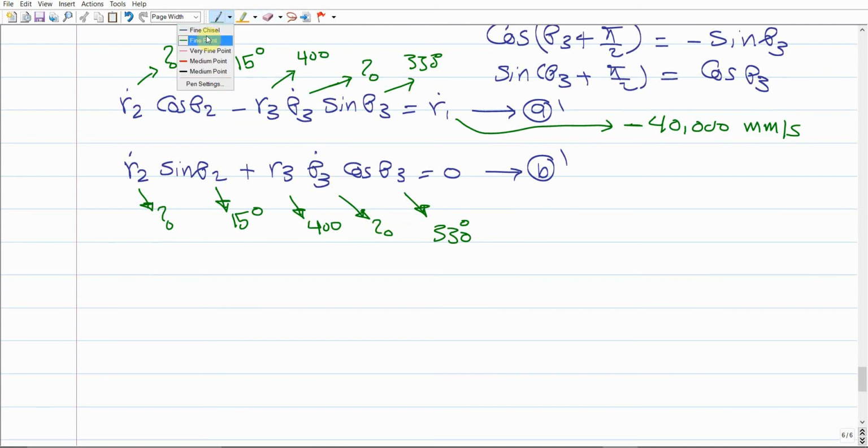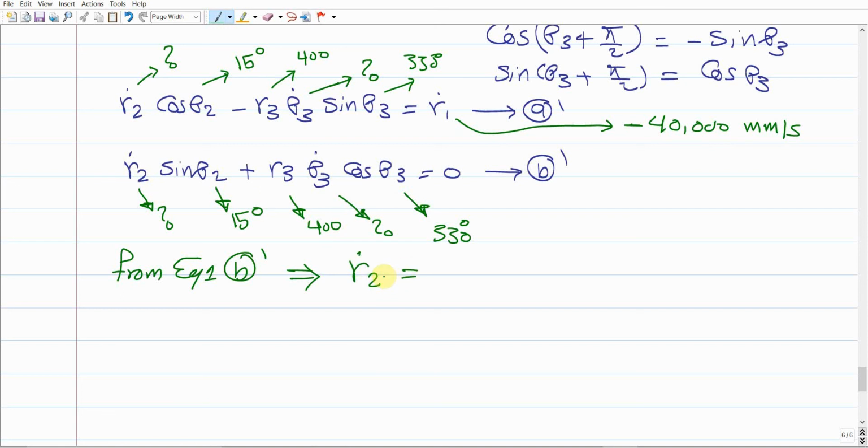You can solve them by elimination, like in this case. For example, from equation B dash, we can find R2 dot in terms of theta 3 dot. So solving for R2 dot, we find R2 dot in terms of theta 3 dot will be negative 1338.42 theta 3 dot.